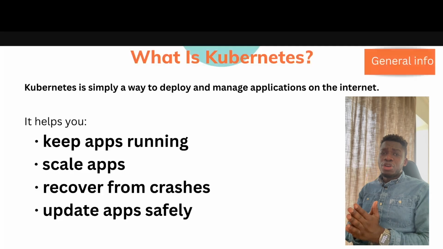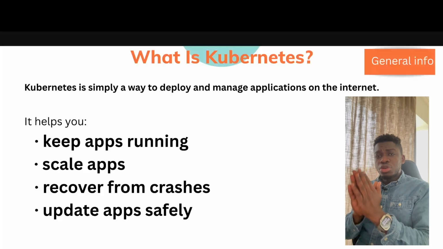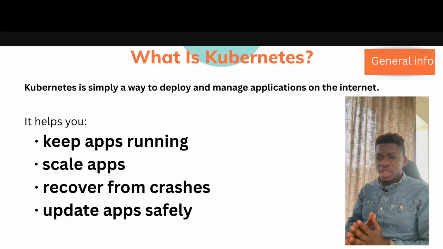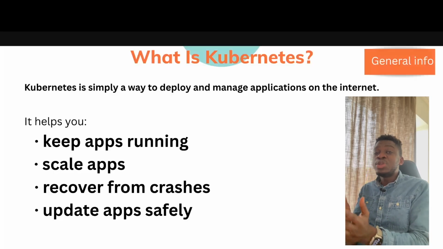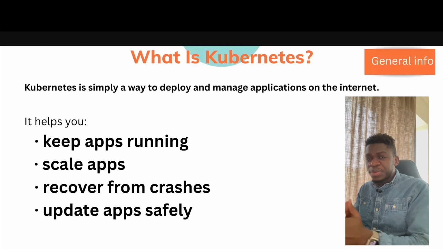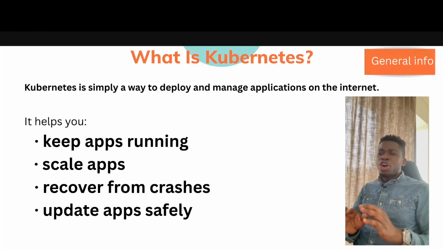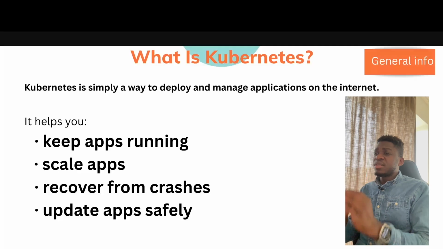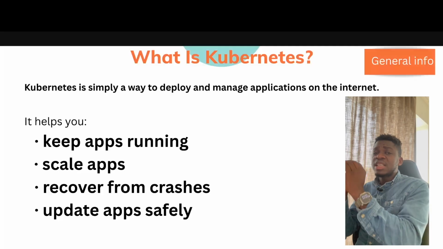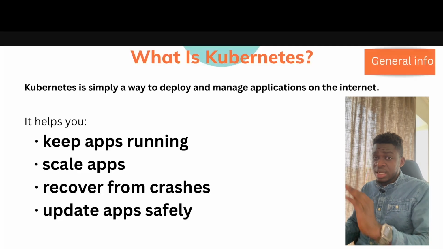Also, let's say you build an application with only a login page, and tomorrow you want to add a dashboard to it. Then you can also update your application safely. Okay, so basically, all in all, imagine Kubernetes is a software on a computer. That's all.